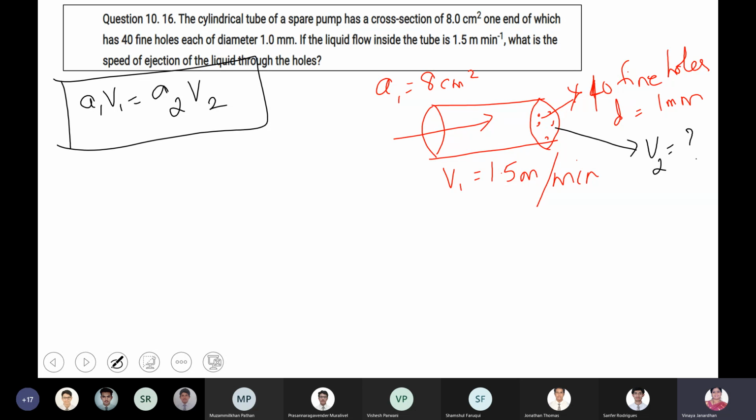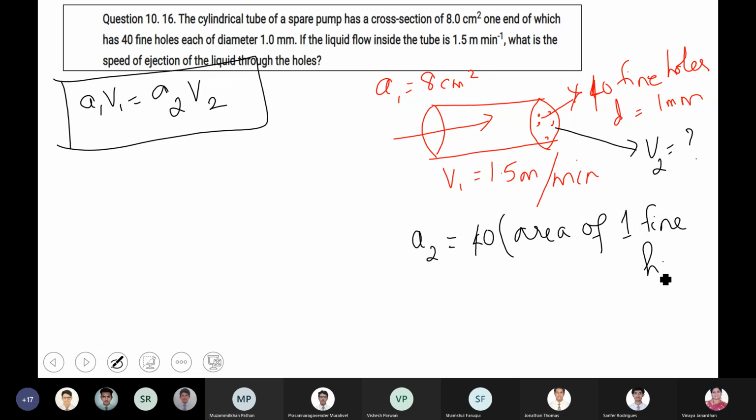So how will you find A2? A2 will be 40 times the area of one fine hole.